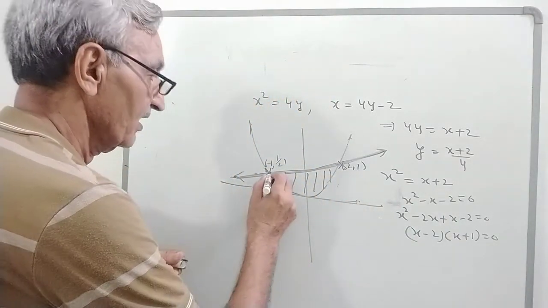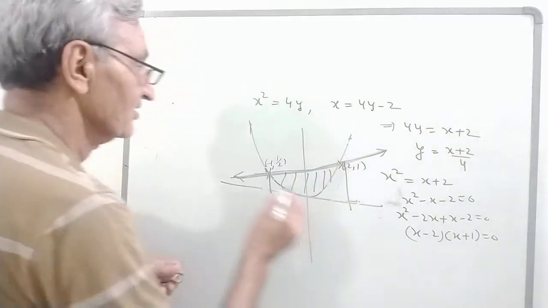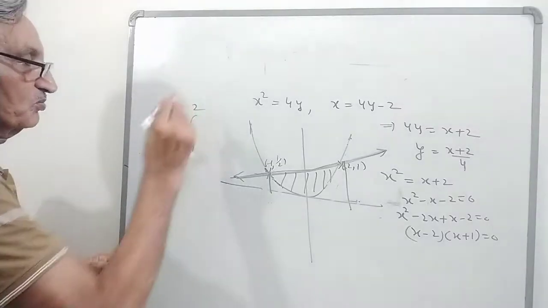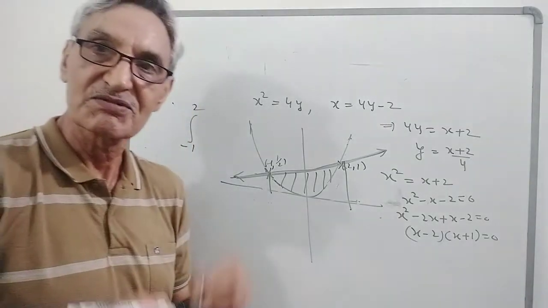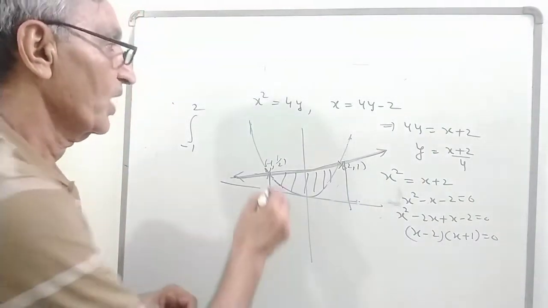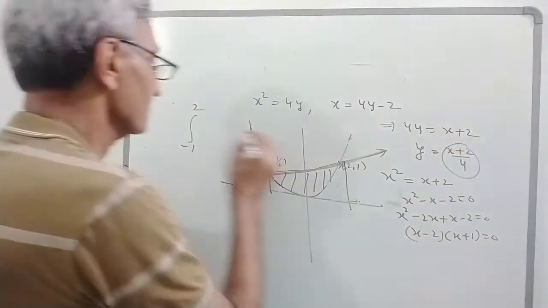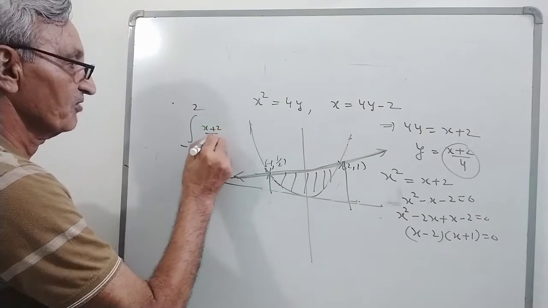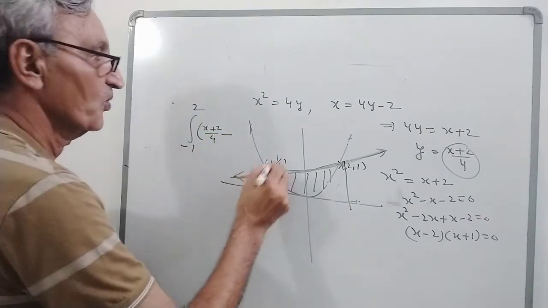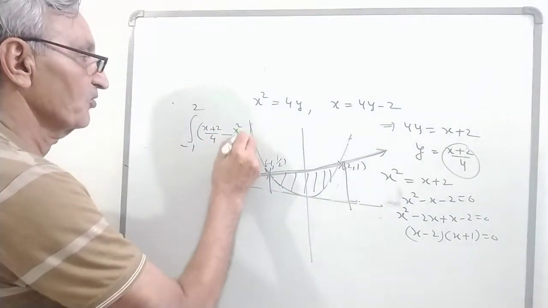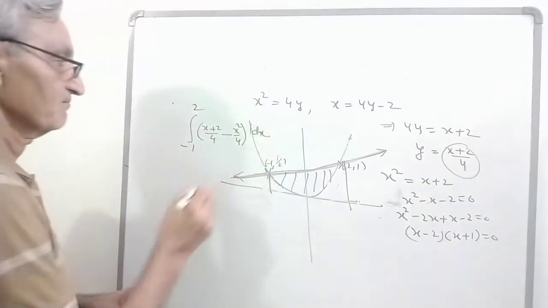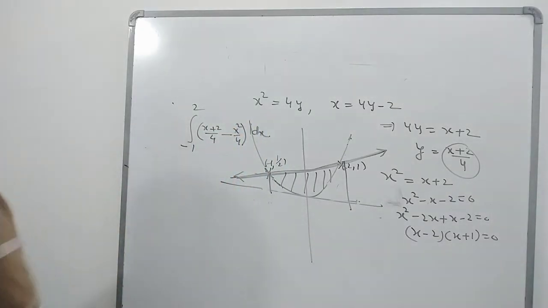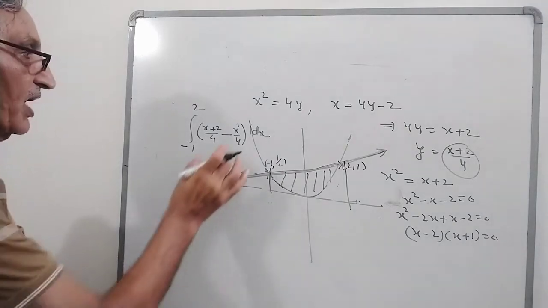From here to here, x is from -1 to 2, the limits. And y upper is x plus 2 divided by 4, minus y lower, x square by 4, into dx.